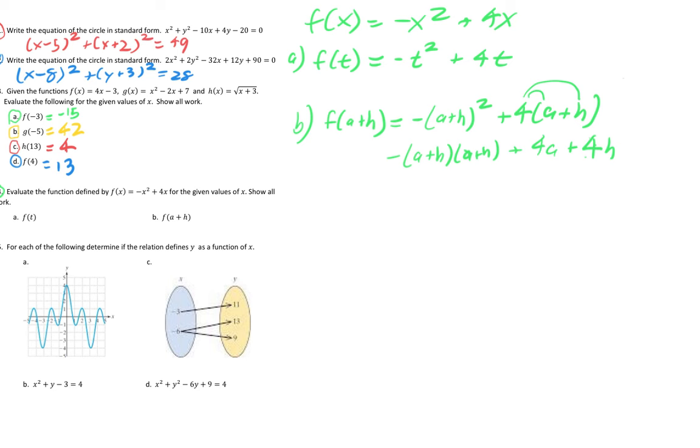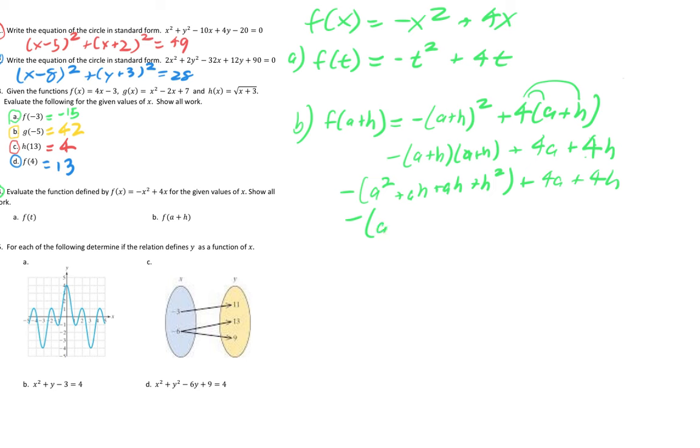So for this a plus h times a plus h, we want to FOIL it out. So we're going to do our first term, so we're going to have a squared, our outer term, so plus ah, our inner term, so plus ah, and our last term, h times h, h squared, plus 4a plus 4h. We're going to simplify inside our parentheses first.